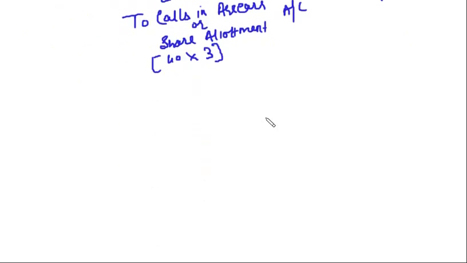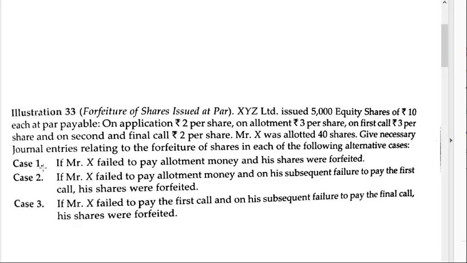Clear? Now, next part. Mr. X failed to pay allotment money, right? And on his subsequent failure to pay the first call, his shares were forfeited. Try to understand, Mr. X failed to pay the allotment money. The company did not forfeit the shares. What the company did?